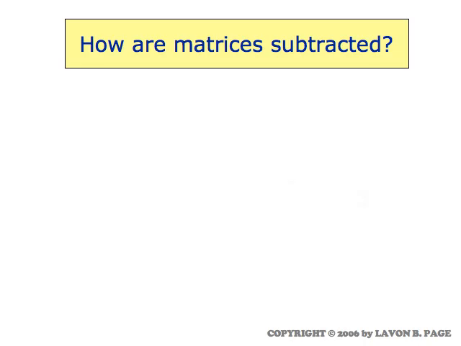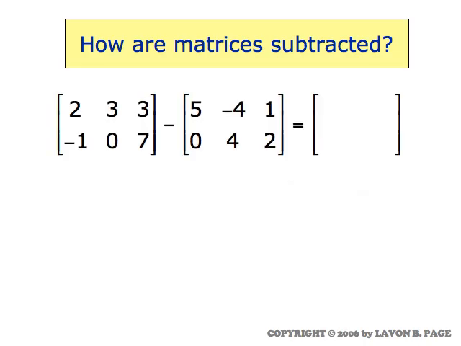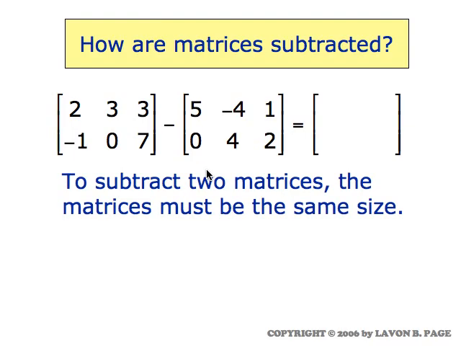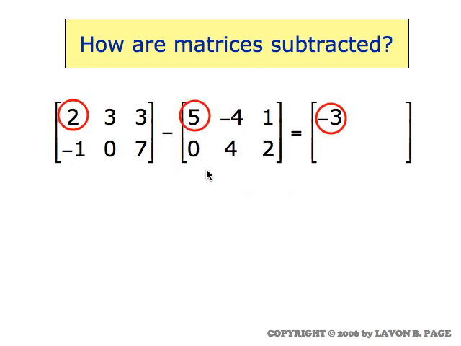Now, how would you guess that matrices are subtracted? Well, it's going to be the same way, and equally simple. Here we have 2 matrices that are the same size, and again, that's a requirement. And to subtract them, we just subtract term by term. For the first row, first column spot, we do 2 minus 5, which is minus 3.